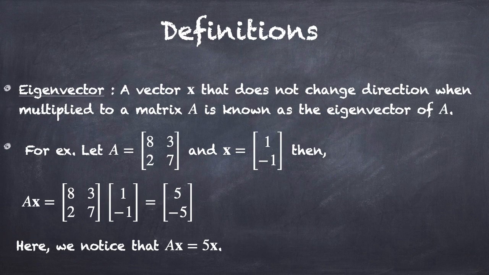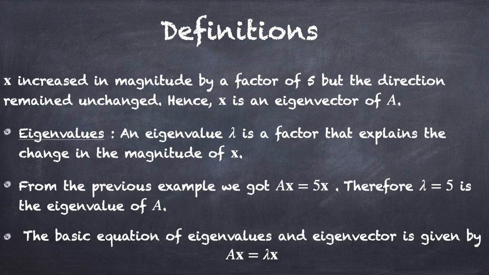So if we go back to the previous slide, we can see that the magnitude of x has been multiplied by 5, and so it's 5 times x right now. So the factor that changed the magnitude of x is 5. So that tells us that 5 should be the eigenvalue of this matrix A.